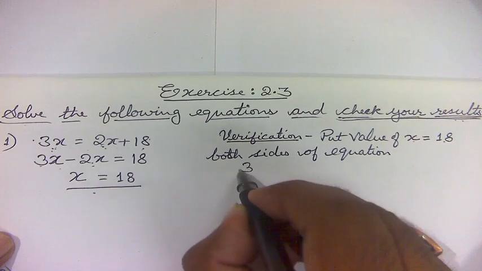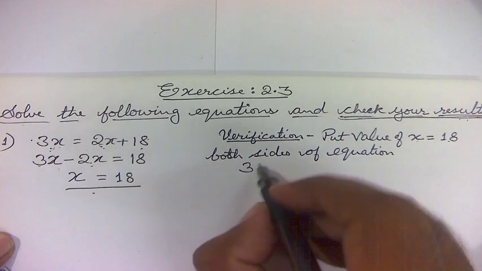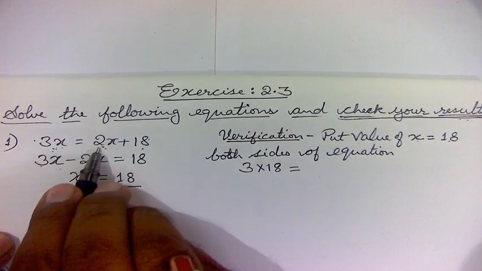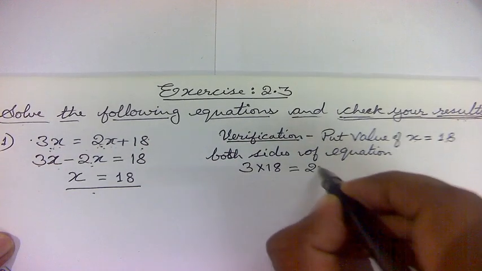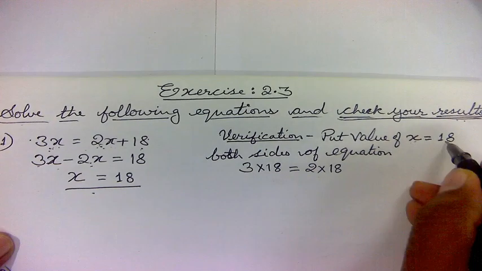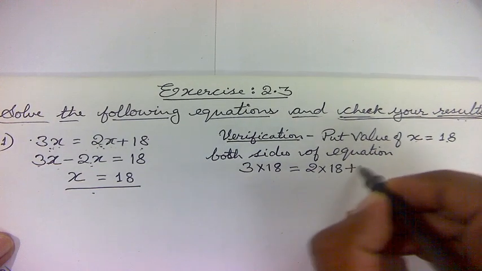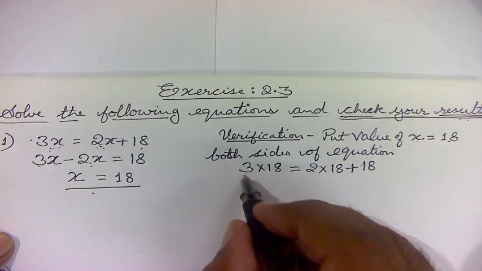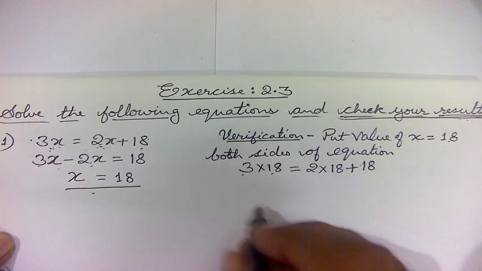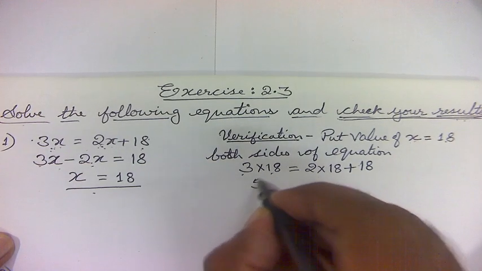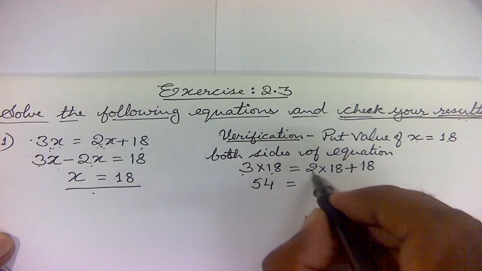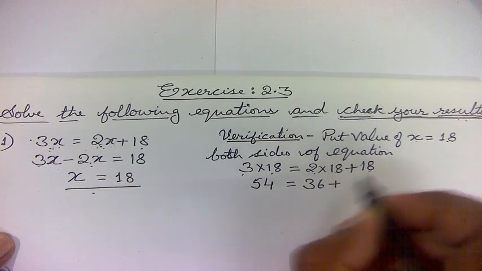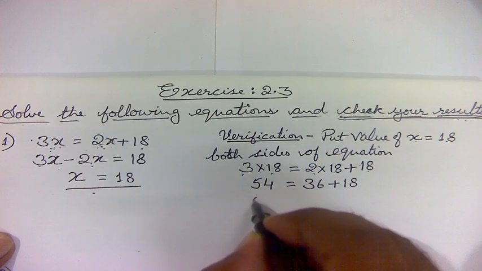So what do we get? It is 3x, so 3 multiply 18, equals 2x, meaning 2 multiply 18, because we are taking the value of x as 18, and then plus 18. Now what is 3 multiply 18? 18 3 times is 54, whereas 18 2 times is 36, and plus 18.